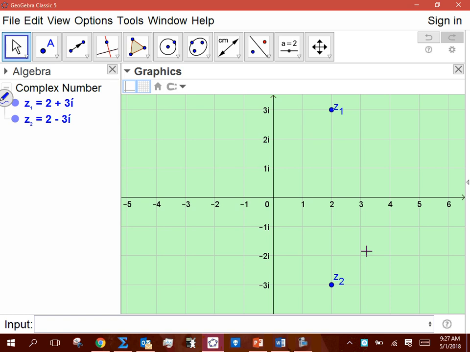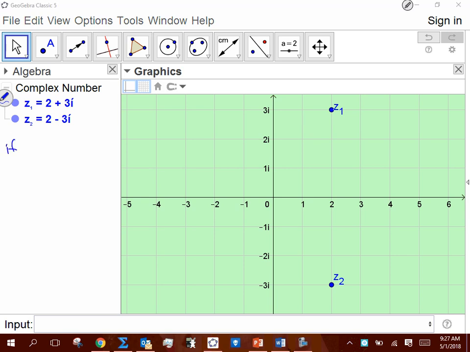Here's a question to you. How are these two things related to one another? Conjugates. And this is just notation: if Z is equal to 2 plus 3i, then Z bar is equal to 2 minus 3i.